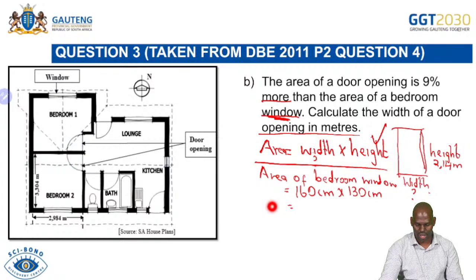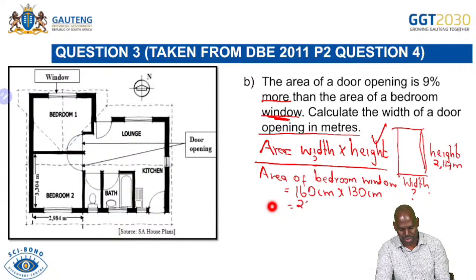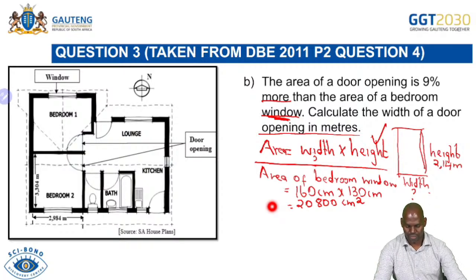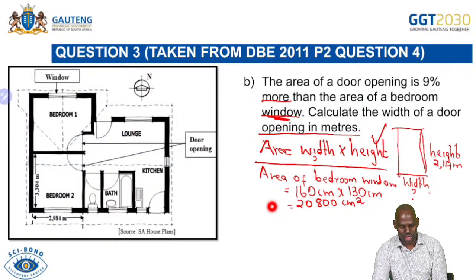Then if you take 160 multiplied by 130, this will give you 20,800. Now you need to be careful. What will be our unit there? Our unit will be centimeter squared. 20,800 centimeters squared.